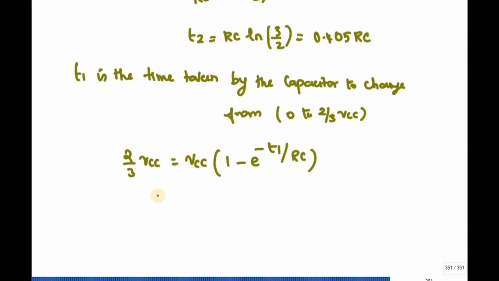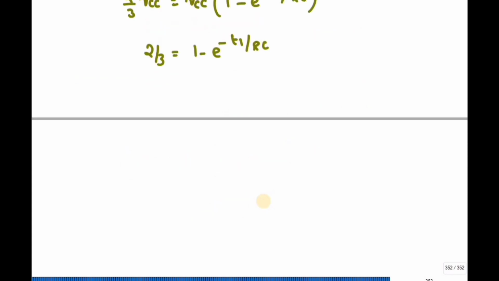So if we solve, you will get 2 by 3 is equal to 1 minus e power minus t1 divided by rc. So e power minus t1 divided by rc is equal to 1 by 3. So minus t1 divided by rc is equal to ln of 1 by 3.